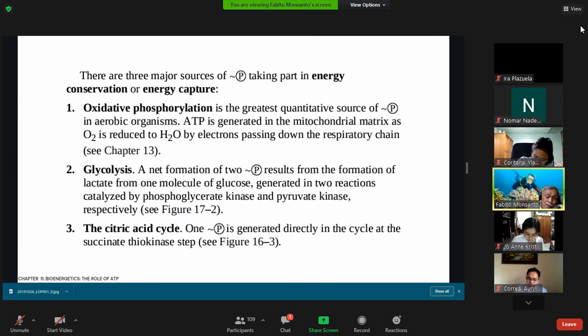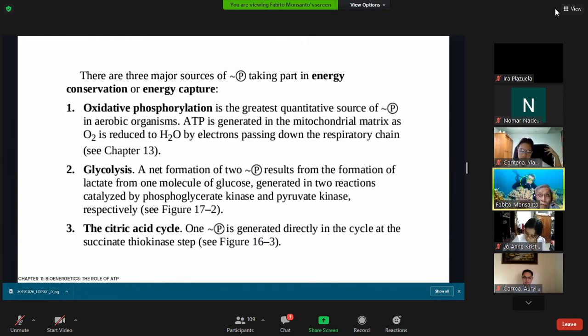The internal respiration is the utilization of oxygen now to become water. And this is through your respiratory chain or electron transport chain. So this is inside your mitochondrion, an organelle in the cell. So that becomes internal respiration.